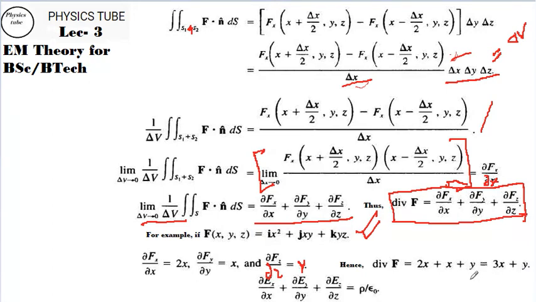Now this is mathematically easy, but physically one has to interpret. See the placing of this in a coordinate system. When I talk about divergence of such a system, if I first talk about placing of such a function in the coordinate system, what I get? i, j, k, i is with i.